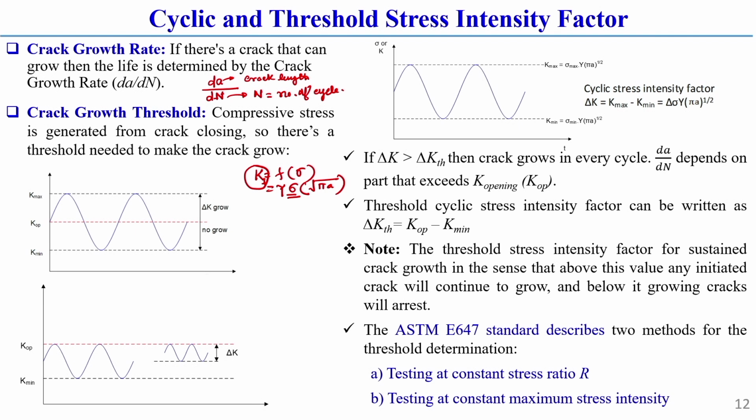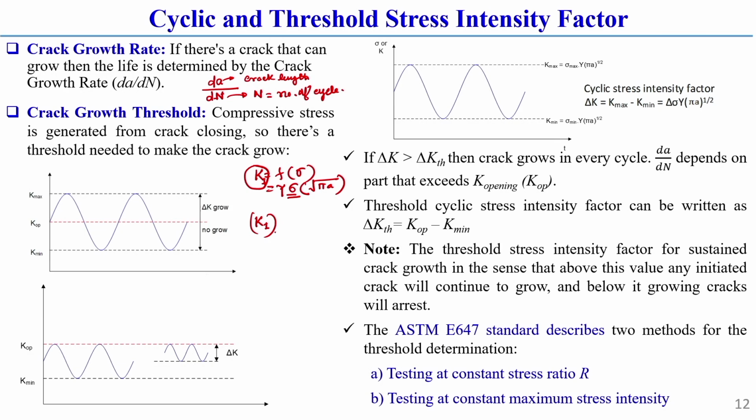This you should keep in mind, because there is a stress intensity K1 that is called K1 opening, or in short form you can write K1 OP. If the stress intensity factor reaches that K1 opening, at that time your crack starts propagating. This you should keep in mind.